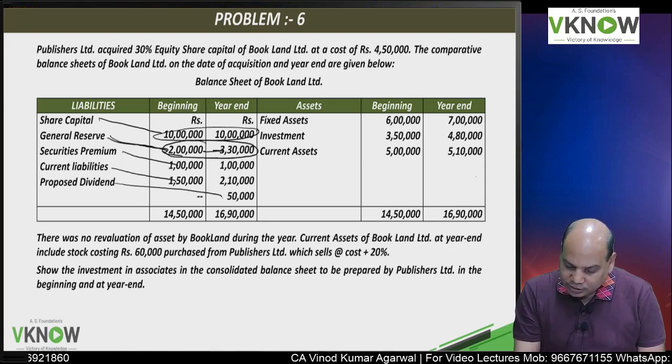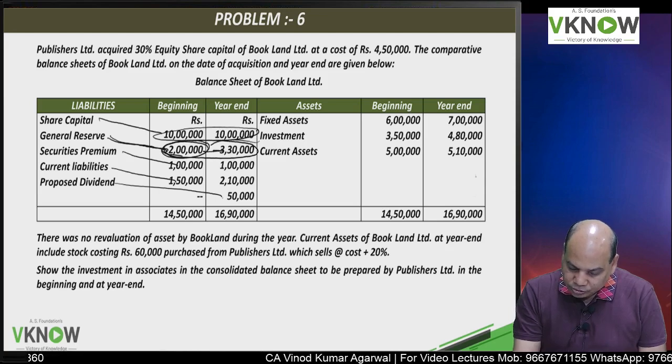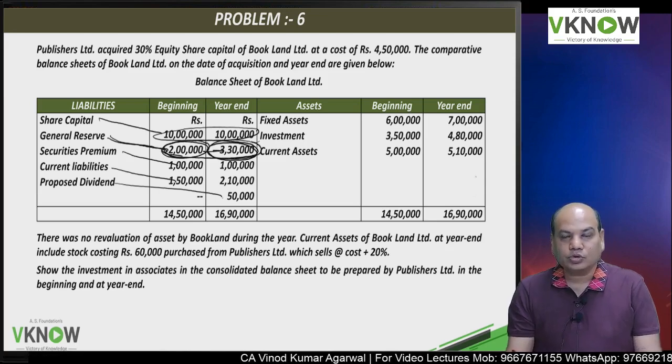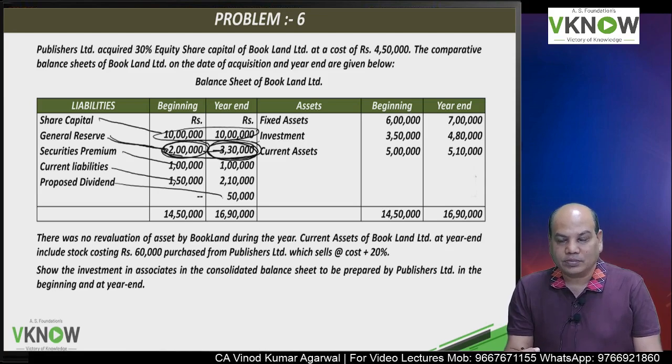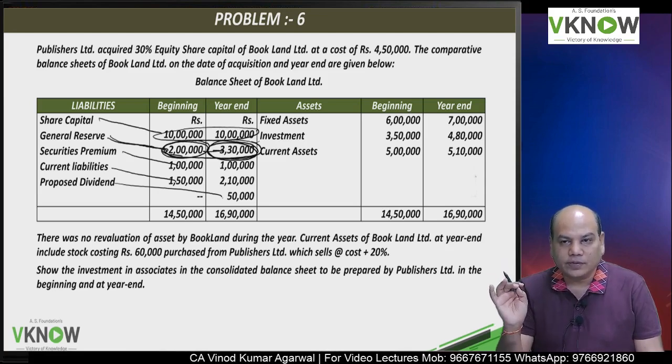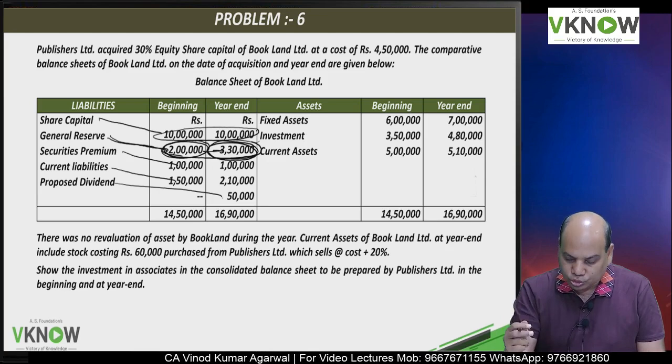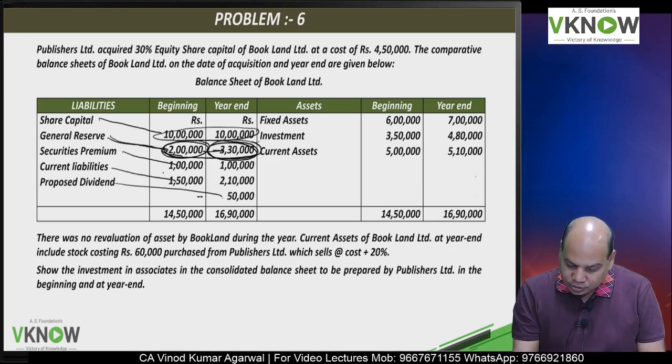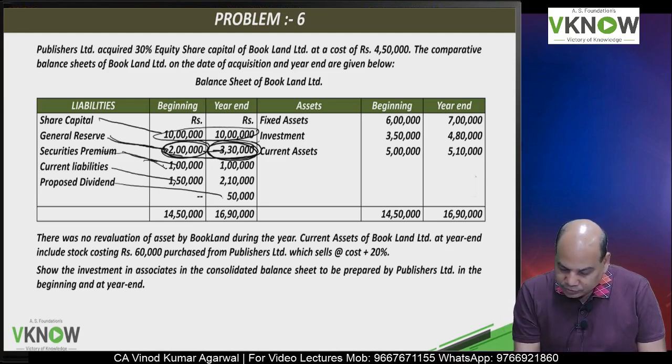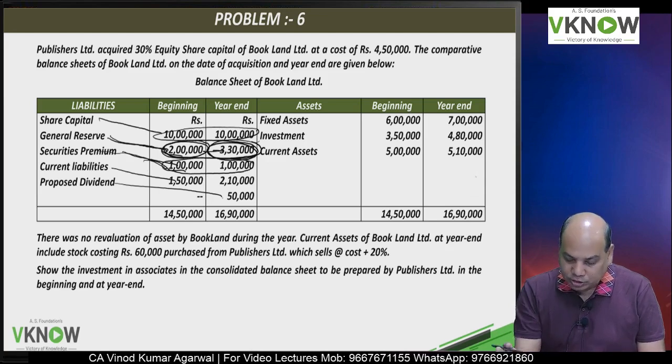General reserve has increased from 2 lakh to 3,30,000. So the increase in general reserve is due to transfer from profit and loss account to general reserve. Securities premium has not changed, no problem.